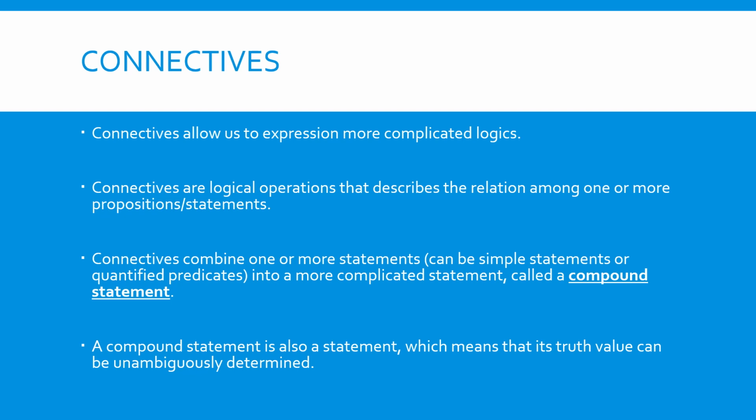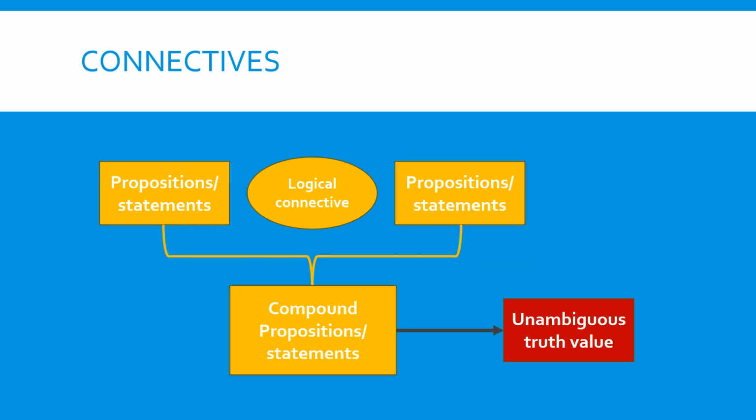In this video, we will introduce the basic logical connectives and ways to determine the truth value of the corresponding compound statements. We can also think of a logical connective as an operator such as addition or subtraction, which transforms its operand into a result.